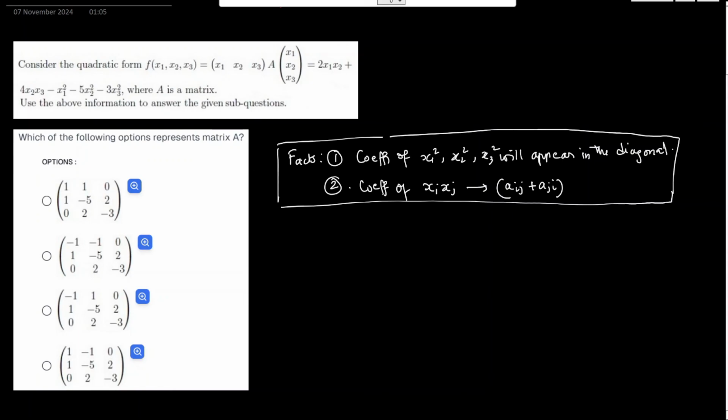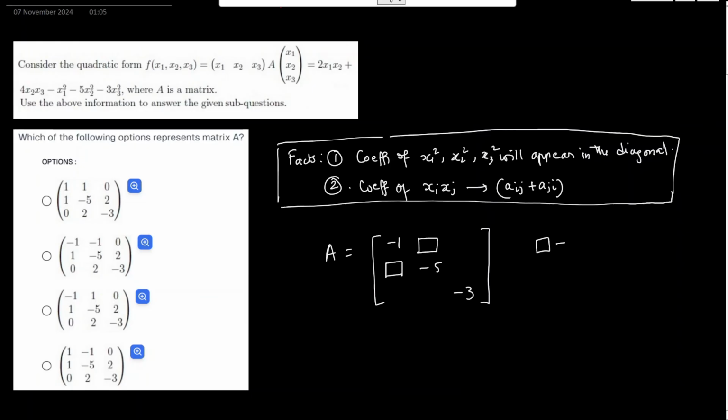Now, since the coefficients of x1 square, x2 square and x3 square will be in the diagonal, the first thing we can say is that the diagonal entries of A will be -1, -5 and -3. Now to find the coefficient of x1 x2: the coefficient is 2, so the element here and the element here must add up to 2.